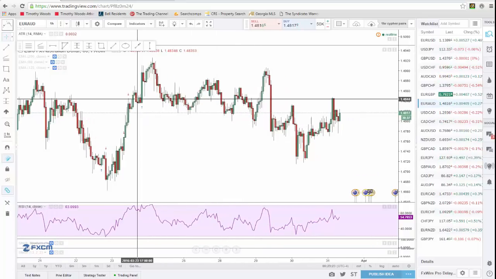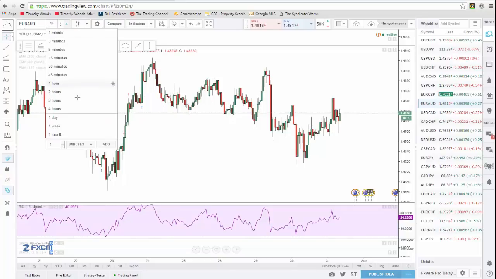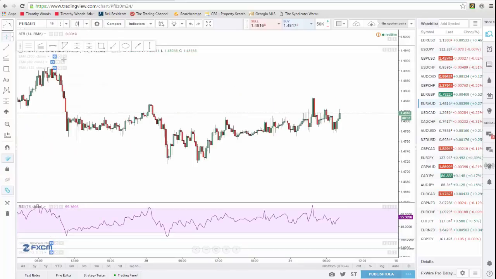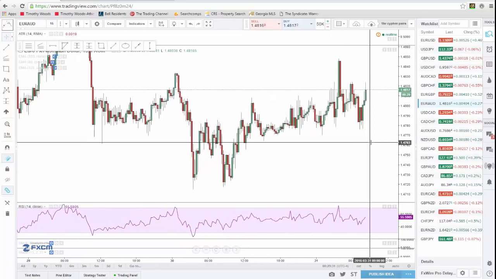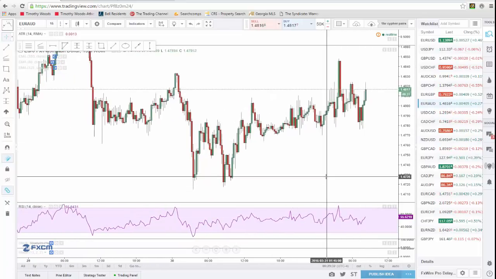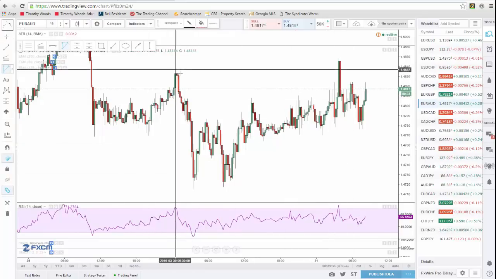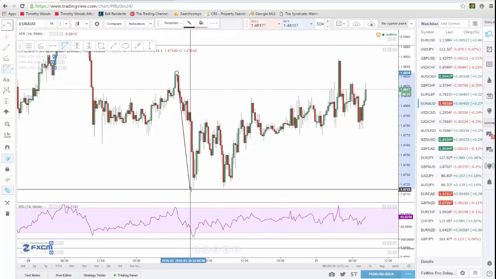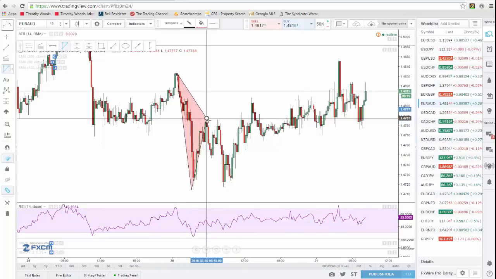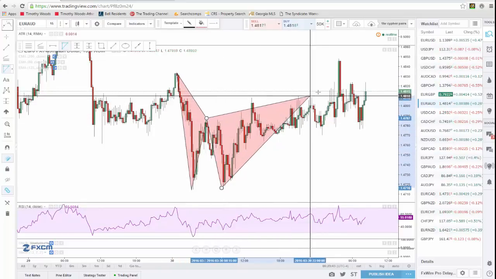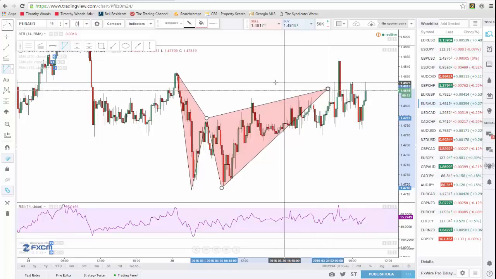It was a bat pattern. I'll take you down to the 15-minute chart to make it a little bit easier to see. Looking at the 15, see if you can spot the bat pattern on the chart here. Got it yet? It comes in from this point here, X to A to B, B to C, and we had a CD completion right up in here.